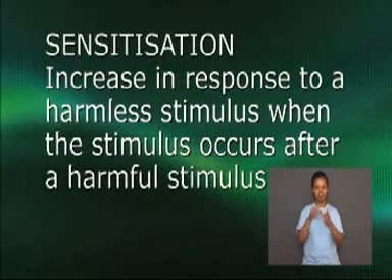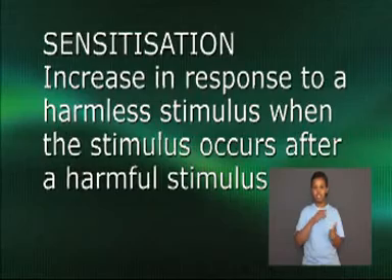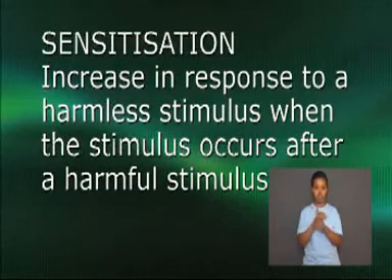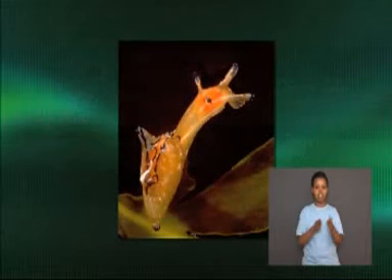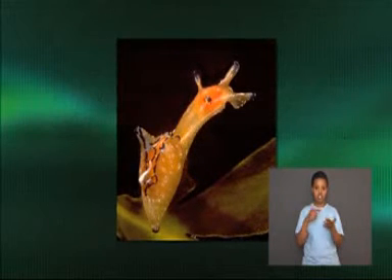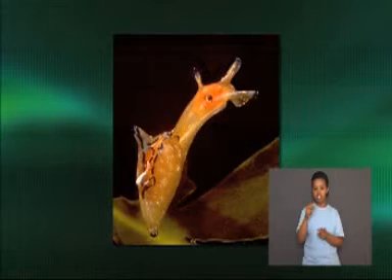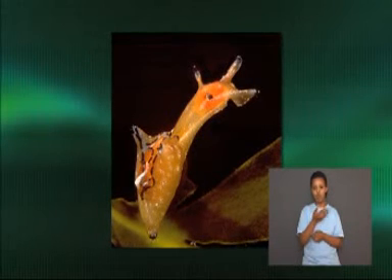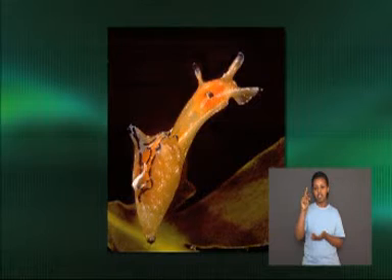Central sensitization refers to the same process, but occurring in the neurons of the central nervous system. Research using the sea slug aplysia has provided scientists with much information on how sensitization works in animals.